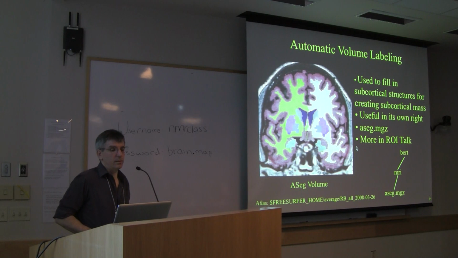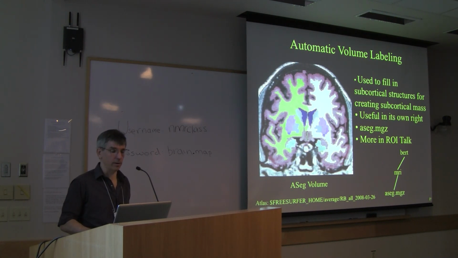One of the next steps is the automatic labeling. And so this is, as Bruce mentioned, it labels all the subcortical gray matter structures. It labels cerebral white matter, it labels cerebellum gray matter, white matter, and then it also labels cortex.